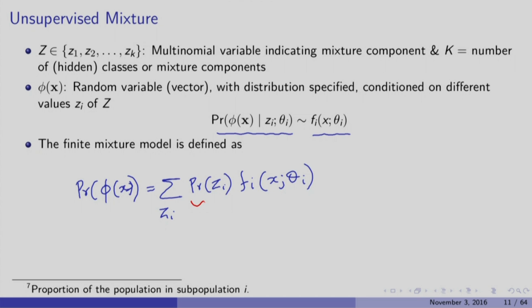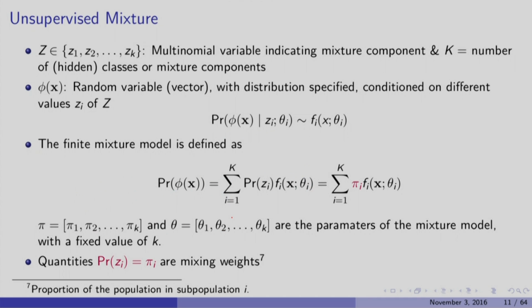We will also adopt a compact notation for the prior probability of a cluster and call it pi i. So we have these mixture components or mixture weights pi 1 to pi k and parameters for each of those mixture components, theta 1 to theta k.